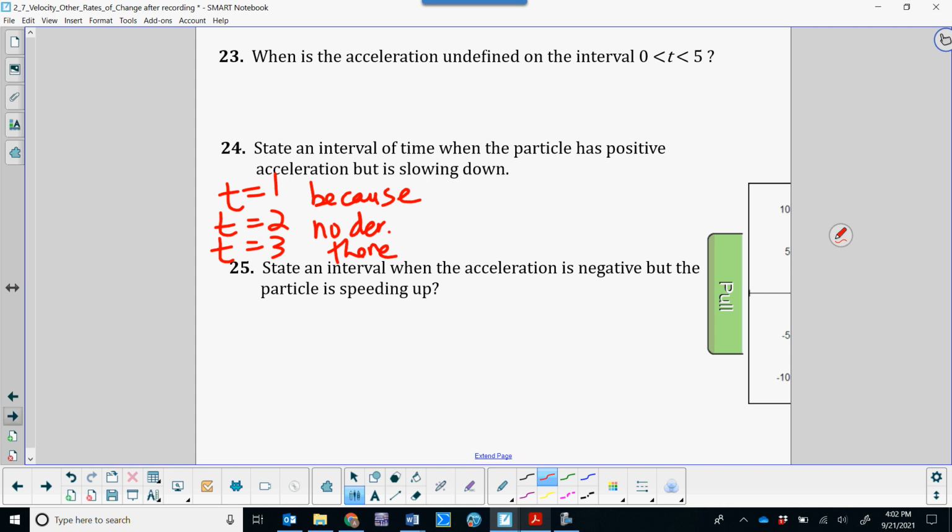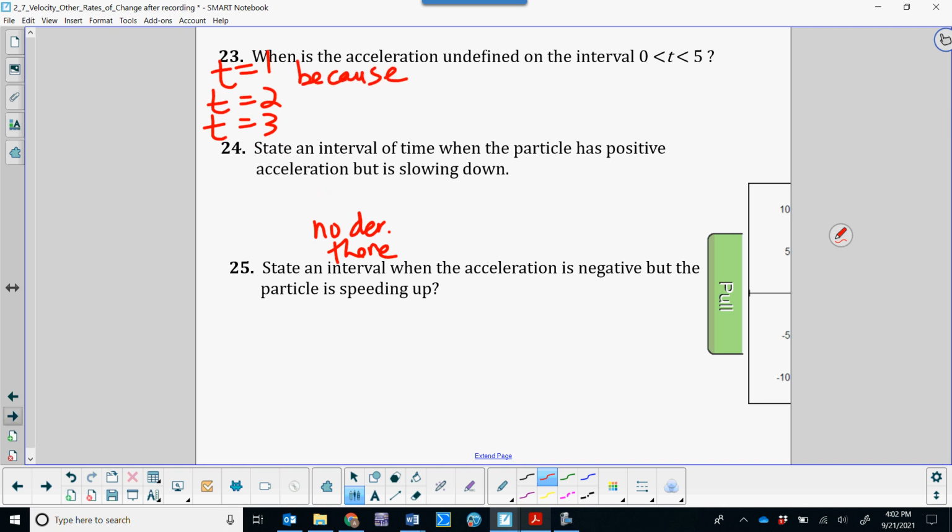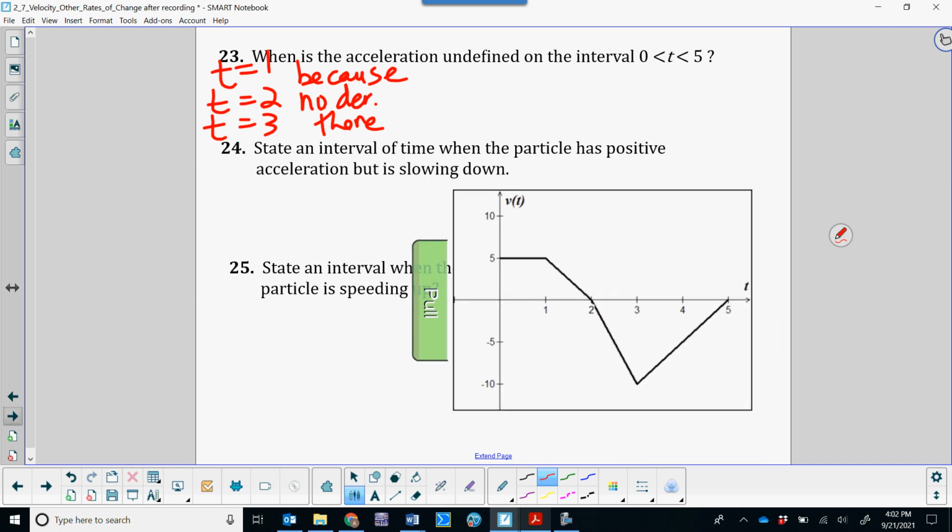We'll shore up some of that as we go through the semester. Okay, find an interval where on 25, oh, sorry, I wrote this in the wrong place. This goes up here. Acceleration's undefined.